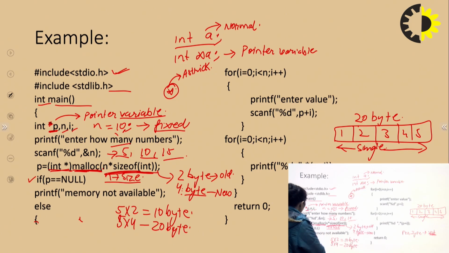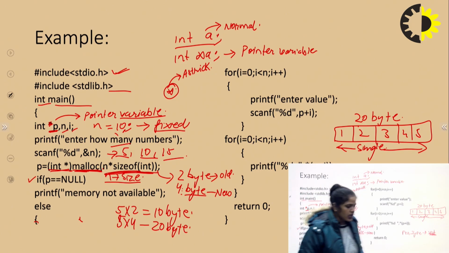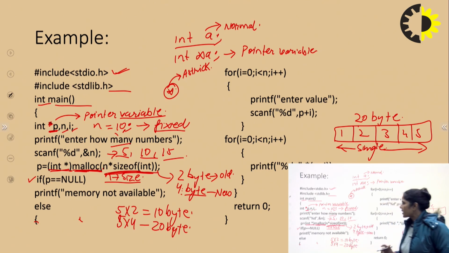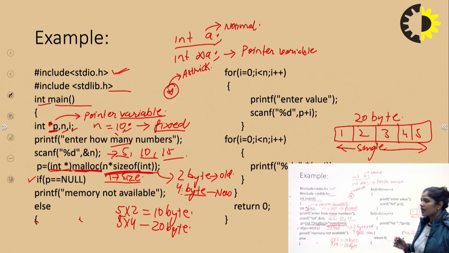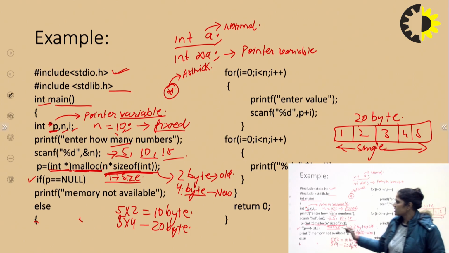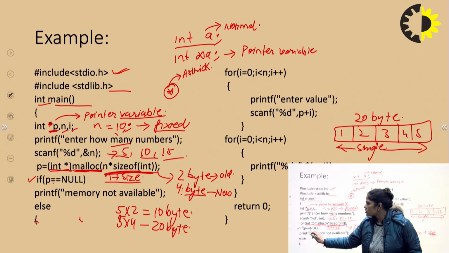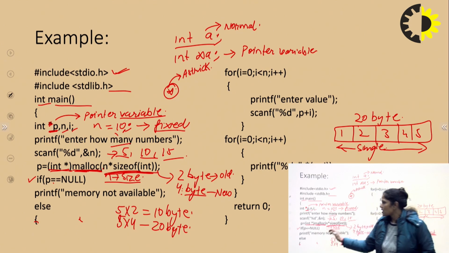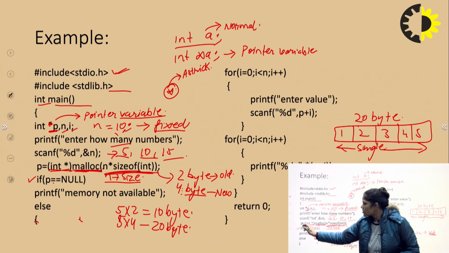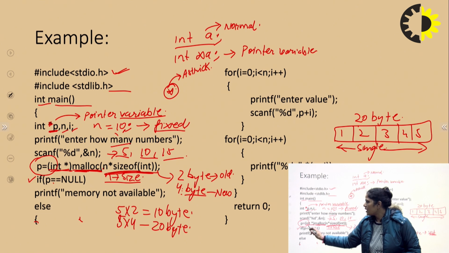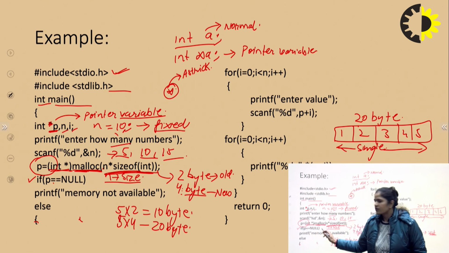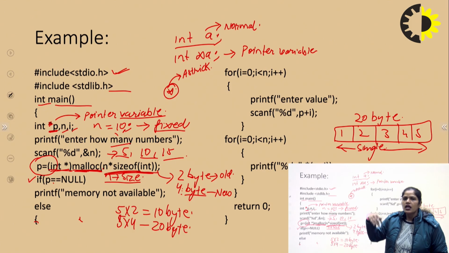Now if I am working with this example, let's say we want to check or store values, we will first check whether I have enough space to store that particular value or not. So firstly we will check if the pointer is equal to NULL, meaning the allocated variable does not have enough space to store the next values.